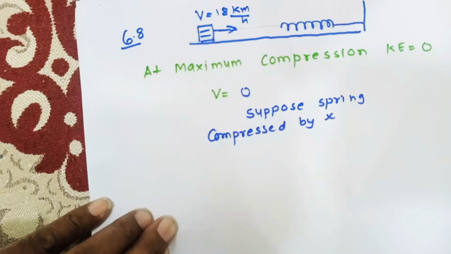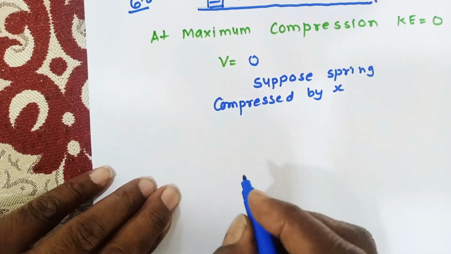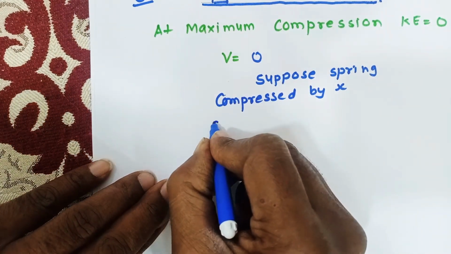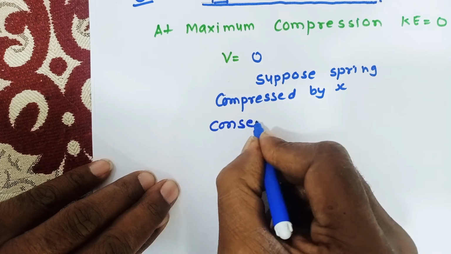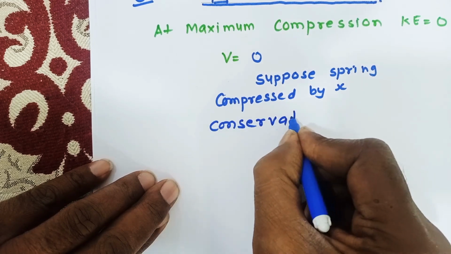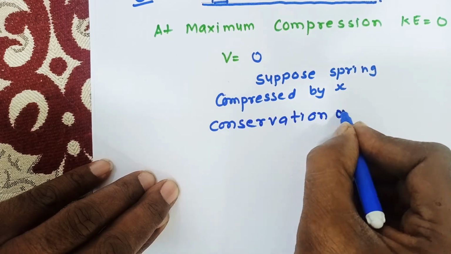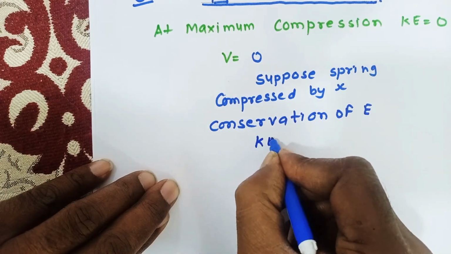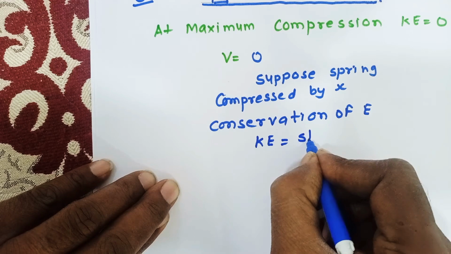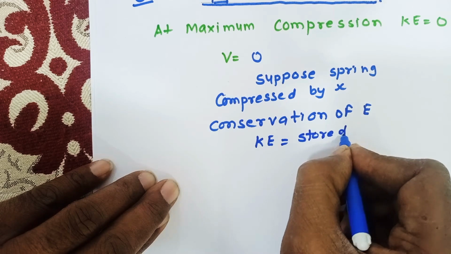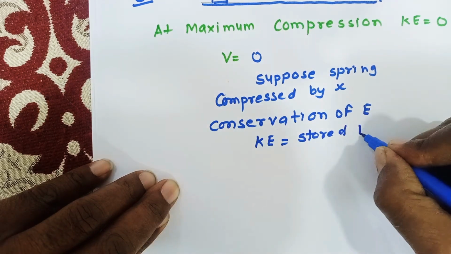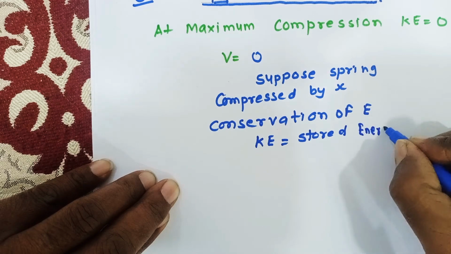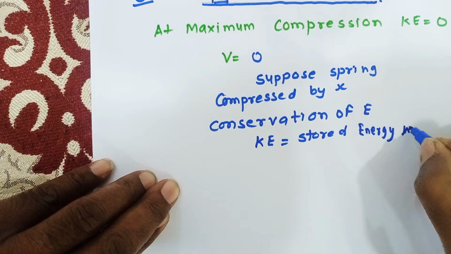So from conservation of energy, KE equals the stored energy in the spring.